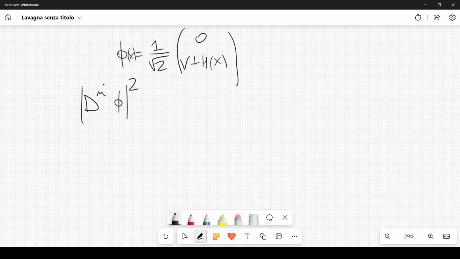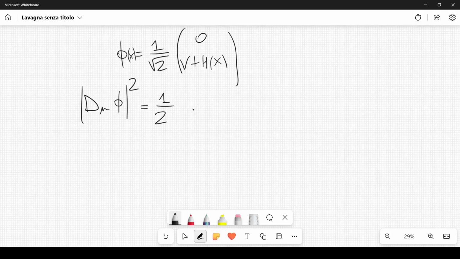And of course, for the covariant derivative, we are going to use the same definition that we used last time. Here, in this kind of notation, I can put this mu either in the upper position or in the lower position. It doesn't change. The modulus squared will still be the same. Just to let you know that.